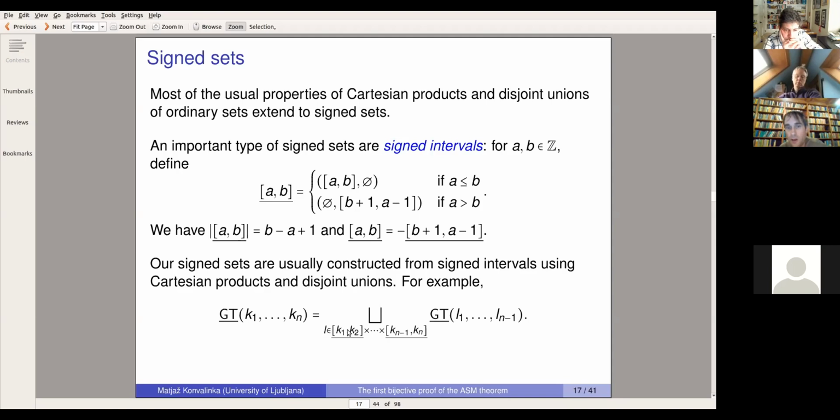So it's a recursive definition. For a GT pattern, you have the bottom row, and then you choose the next row in those signed intervals. It can happen that k1 is bigger than k2, but that means there's going to be a minus here. So here, I don't have to specify the signs. The signs are already hidden here in this signed box.